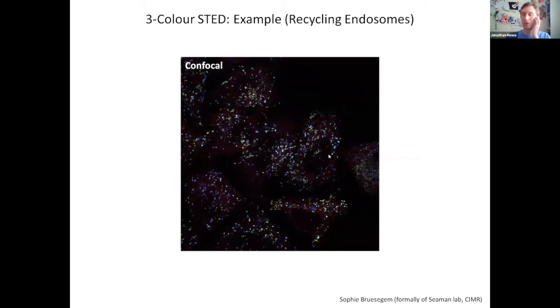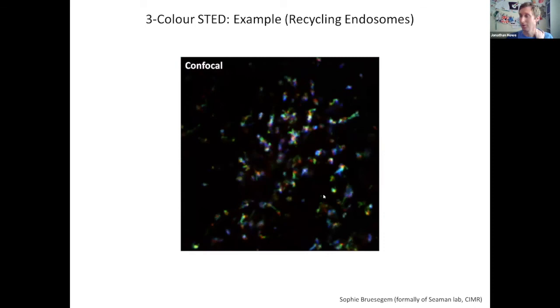Now, just to demonstrate to you that we can do three colors, here's an example from Sophie, formerly of the Seaman lab in the CIMR. I don't know precisely what the staining is here, but I know they are membrane receptors being trafficked through recycling endosomes. And what you can see in the confocal image is that we have quite a lot of co-localization. So we have yellow and we have cyan, which is reflective of various molecules being perceived to be at the same location.